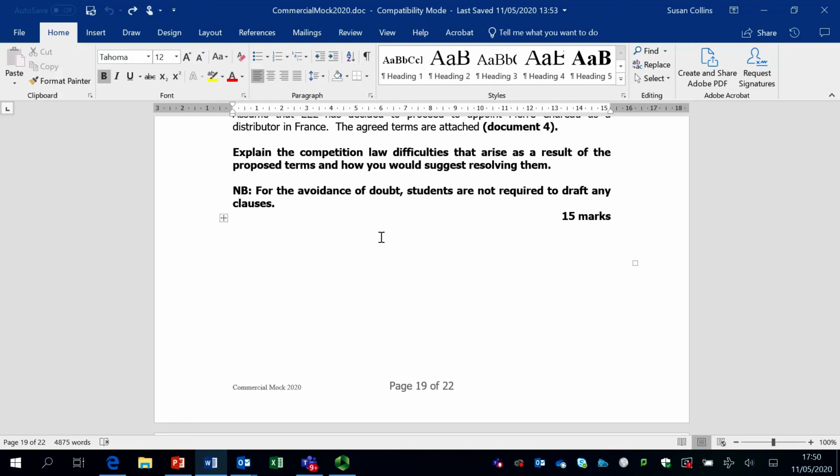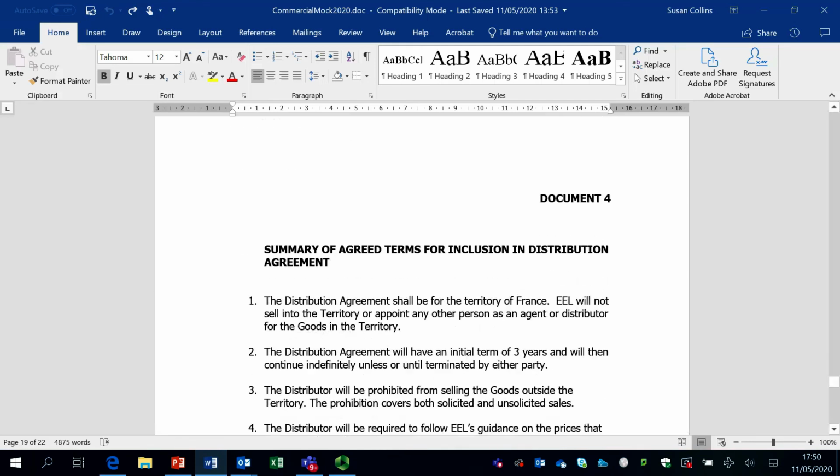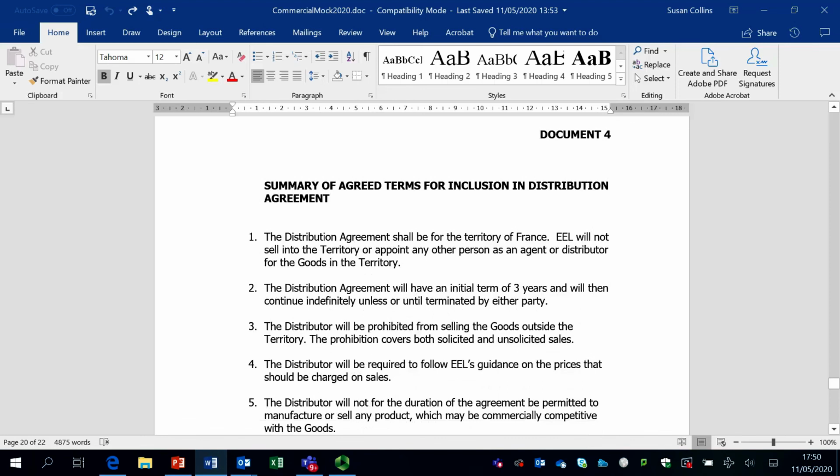This is a distribution agreement, and some of the clauses, so looking at the document, summary of agreed terms for inclusion in distribution agreement. So it's going to be a distribution agreement. As such, potentially subject to competition law, whether it's domestic under national competition law in the UK, or whether it is subject to European provisions under Article 101.